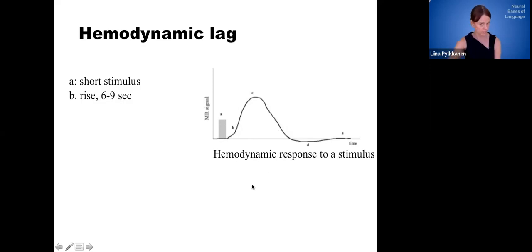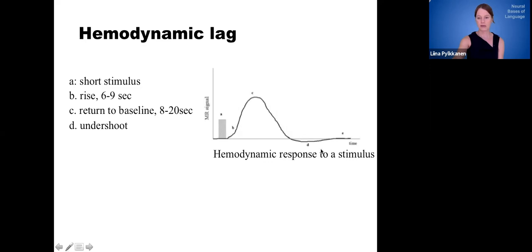There's a sluggish rise, something like 6 to 9 seconds, and then an equally or even more sluggish return to baseline. Then that's even followed by something we describe as an undershoot.